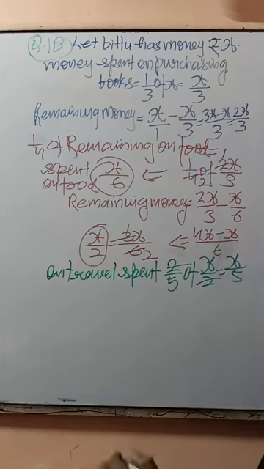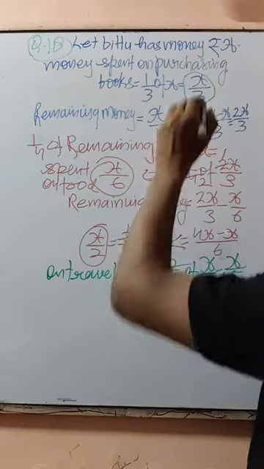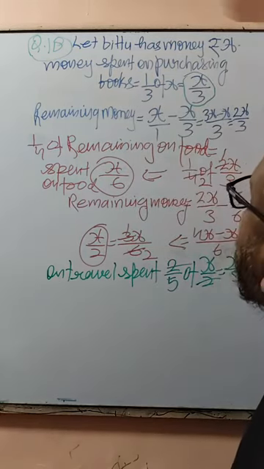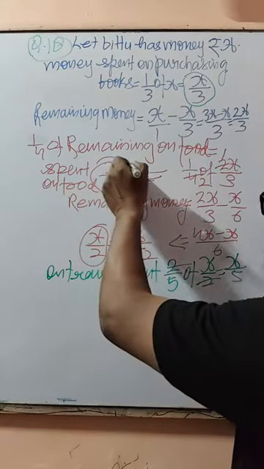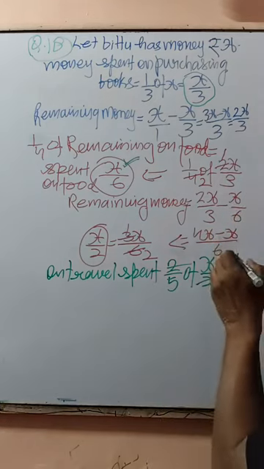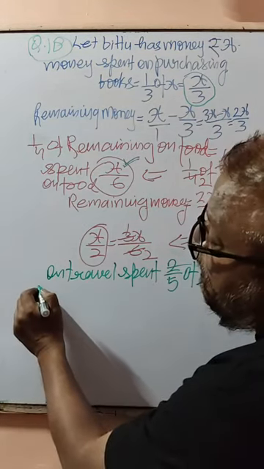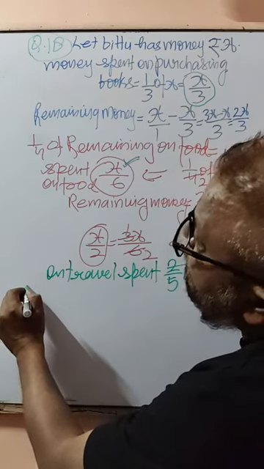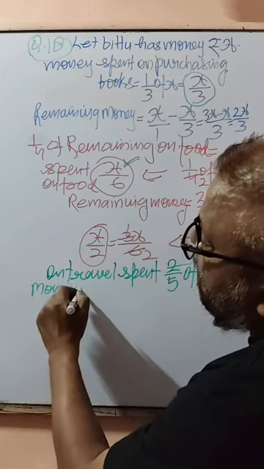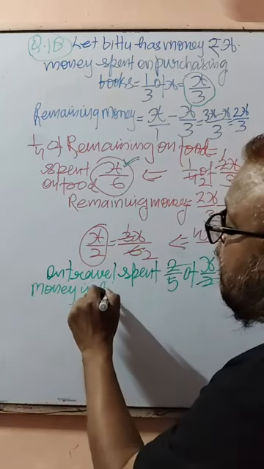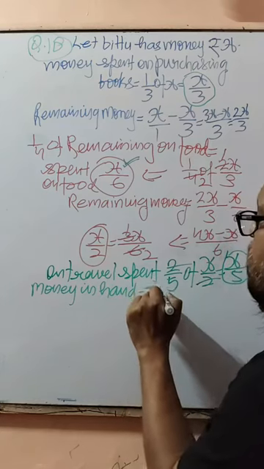So he is spending x upon 3 on books, 1 upon 6 on food, x upon 5 on travel, and the money still in hand is rupees 450.